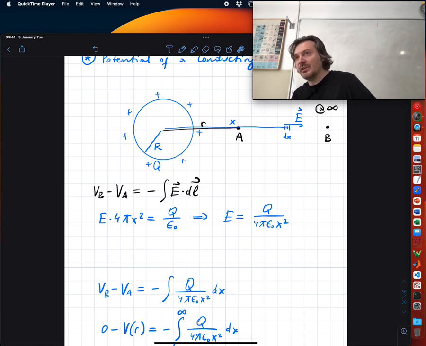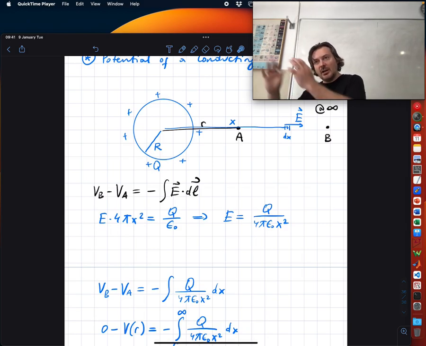The more important thing is to choose x wherever E has just one formula and the formula is not changing. Like I'm defining E with this formula, but this formula works only outside. Remember, inside it will be 0. Okay? But I'm taking the integral, both my A and B are outside, so I can use just one formula.